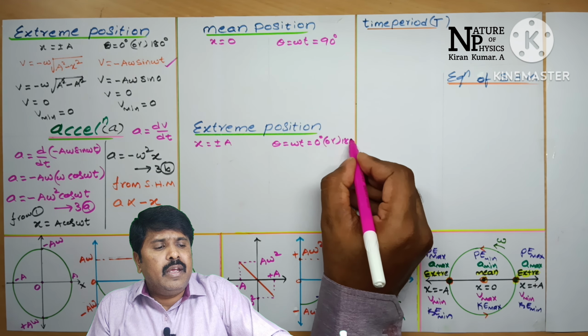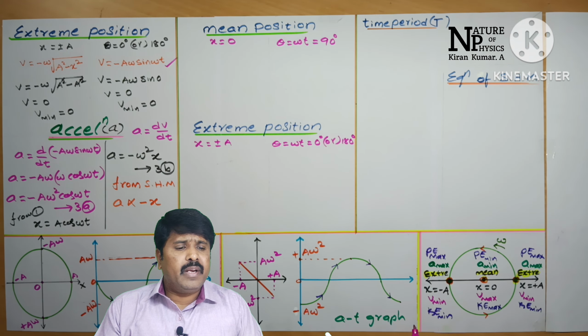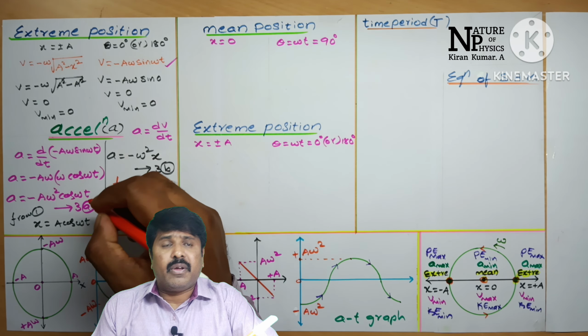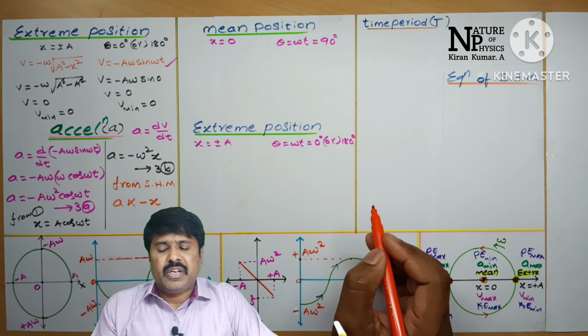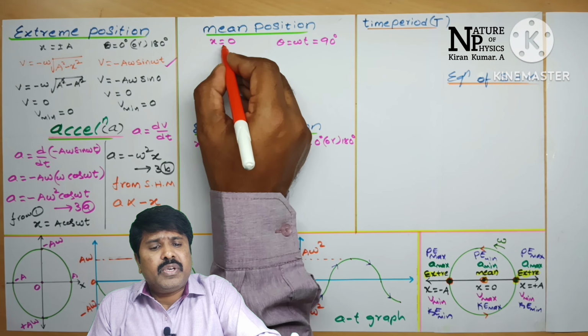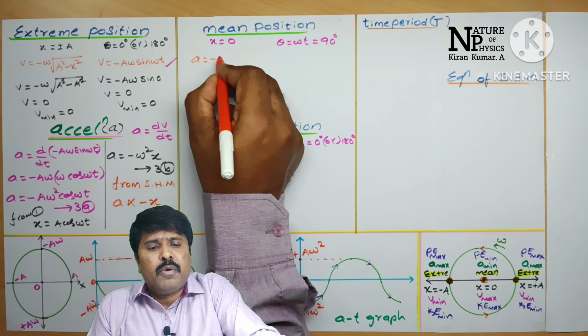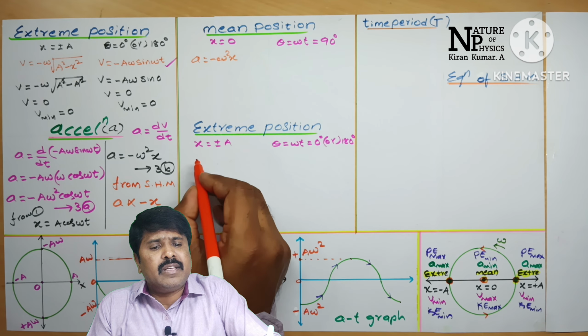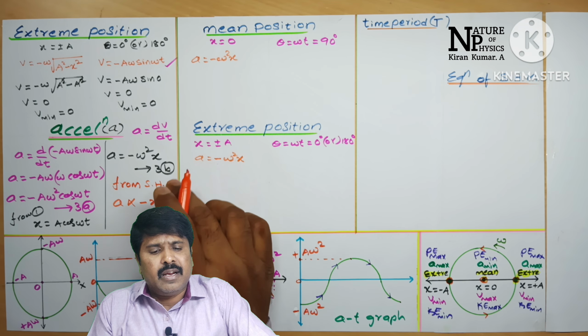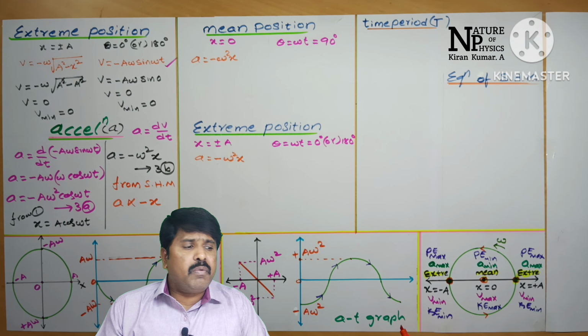Okay student, and the values are replaced in this acceleration equation. Acceleration for linear a is equal to minus omega square x. Here a is equal to minus omega square x, clearly from the 3b equation.